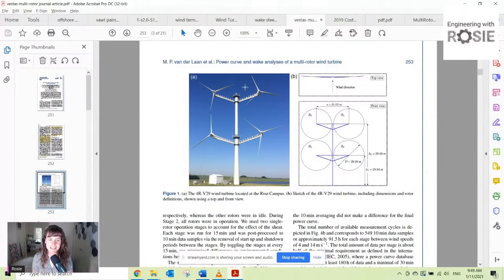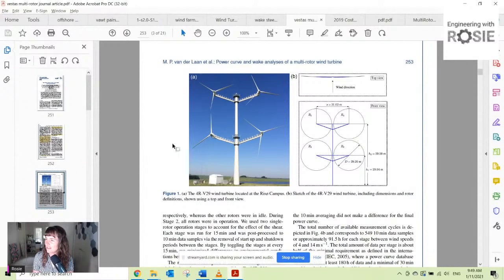They actually made this. They installed it in 2016. They looked at the results over, I think it was 3 years. And now we have these actual measurements, which makes this very, very interesting for me.